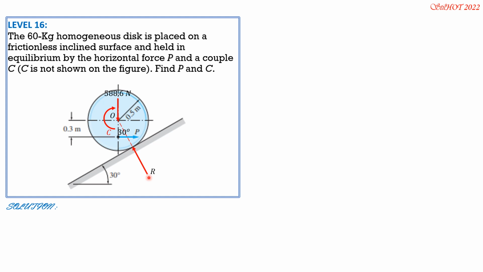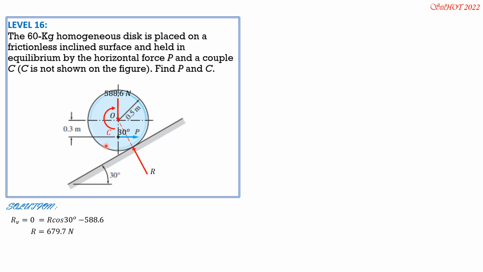So the vertical component of the resultant should be 0. And that should be, upward positive, R cosine 30 degrees, then minus 588.6. So R can now be solved, 679.7 newtons.